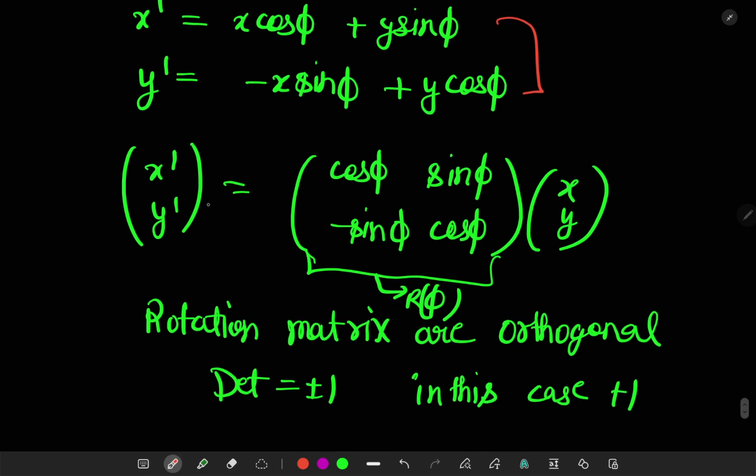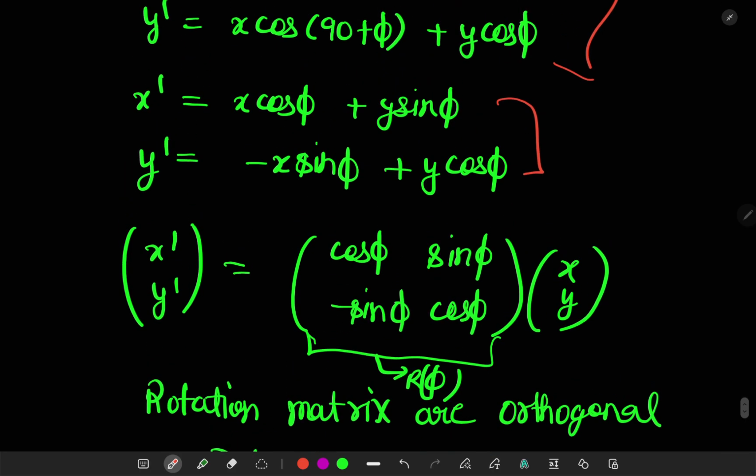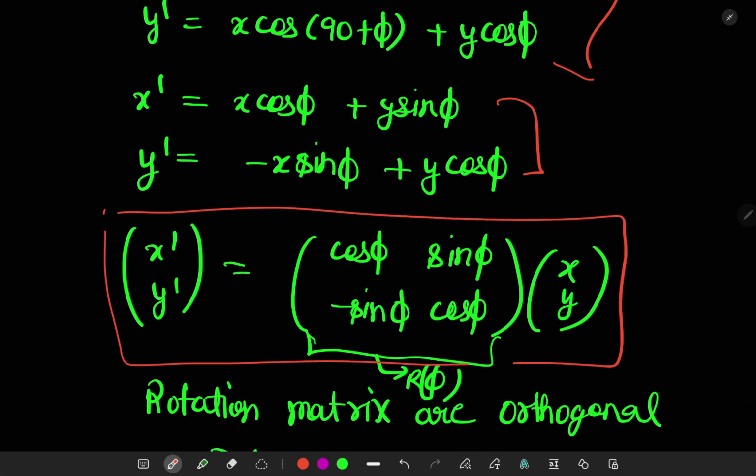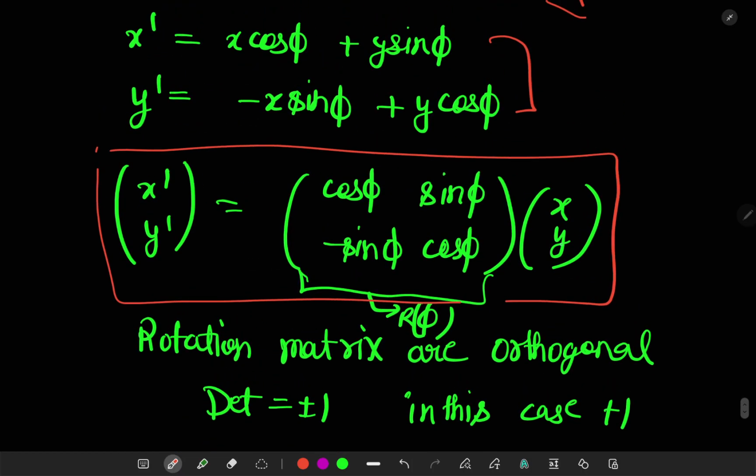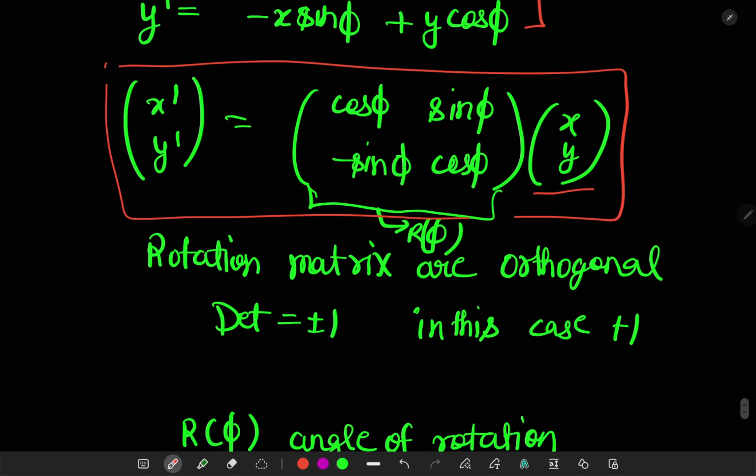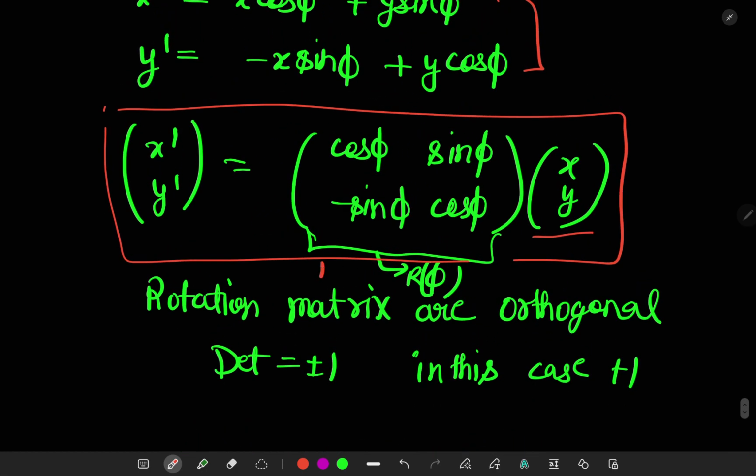In matrix form, we can write this like that. If you multiply this term, you will get the previous term, and this matrix is called the rotation matrix and denoted by R phi for two-dimensional.